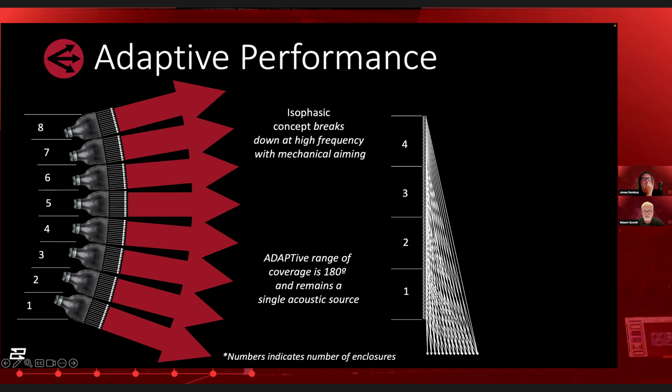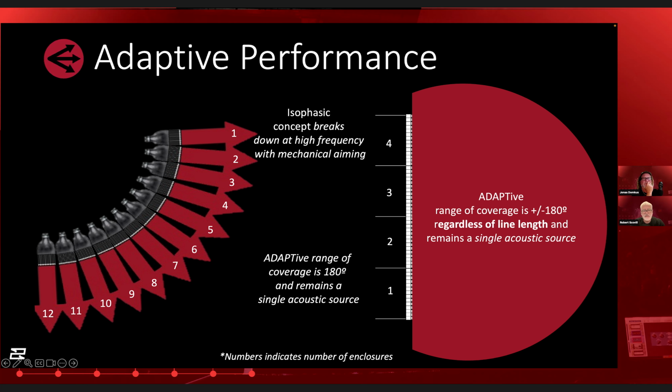Okay, so just to drive the point home, in mechanically articulated we need more cabinets to increase vertical coverage. And if we don't use them, if we create extreme angles on them, then we're really breaking apart the line math that was there in the first place, and it makes it tougher to keep really solid frequency response in play.